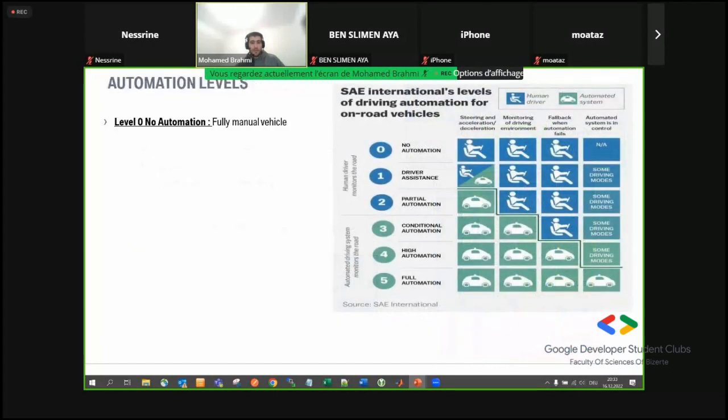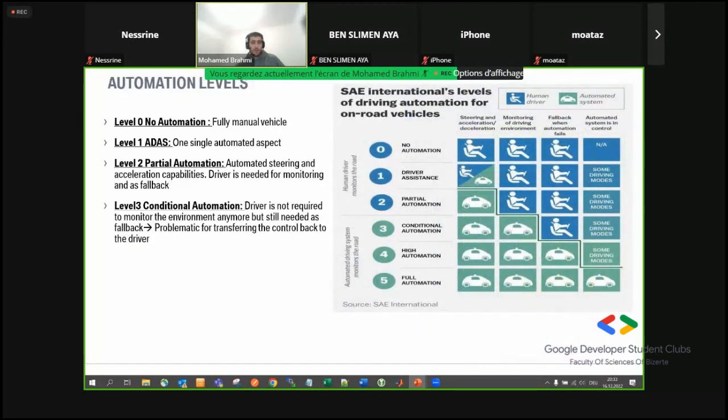Now we come to the so-called levels of automation. There is SAE. It's a worldwide institution like IEEE for other aspects, but this institution is defining the levels of autonomy, which is more or less accepted by everybody.